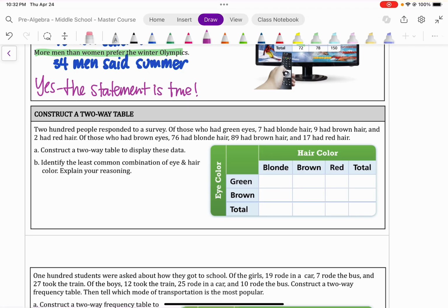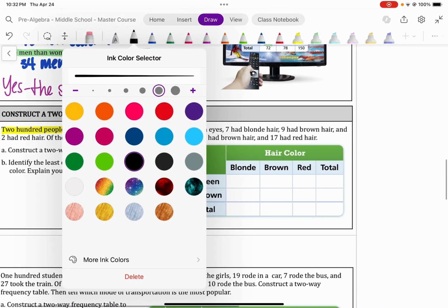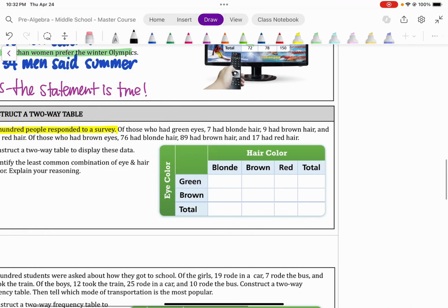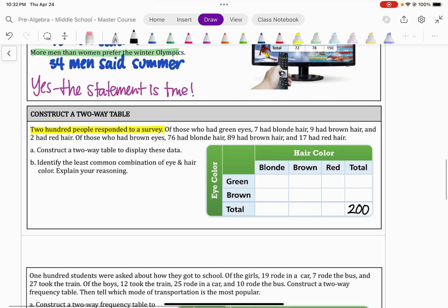Okay, now we're going to construct a two-way table. So we're going to fill it in ourselves. 200 people responded to a survey. That is a big number right away. That is our big total. Of those who had green eyes, 7 had blonde hair, 9 had brown, 2 had red.